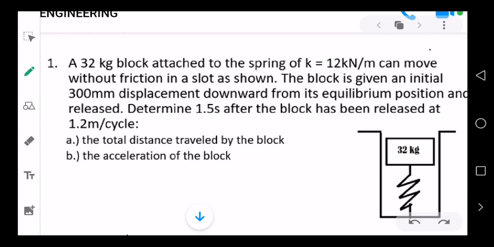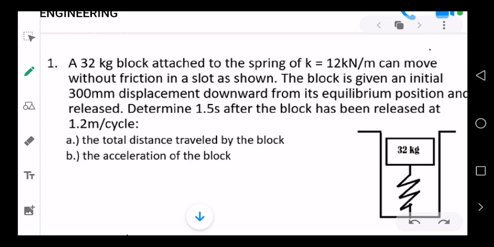1. A 32 kilogram block attached to the spring of stiffness 12 kilonewtons per meter can move without friction in a slot as shown. The block is given an initial 300 millimeters displacement downward from its equilibrium position and then released.